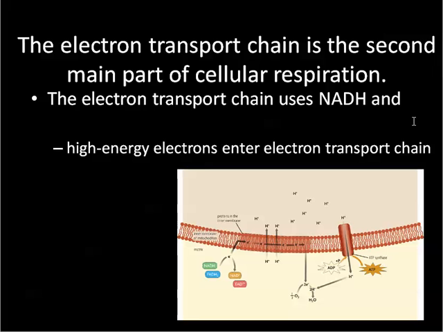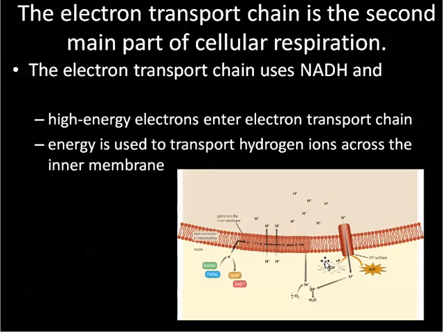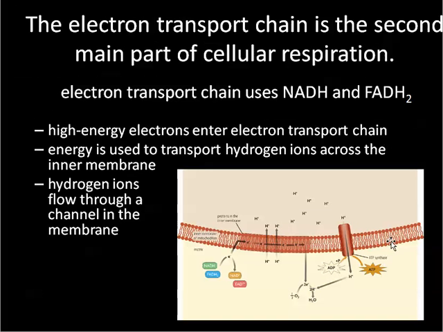These high energy electrons enter the electron transport chain, and they go down there, pumping all these hydrogen ions in there. And those will go through there eventually to make ATP. And as I said, it's used to transport the hydrogen ions or protons across.